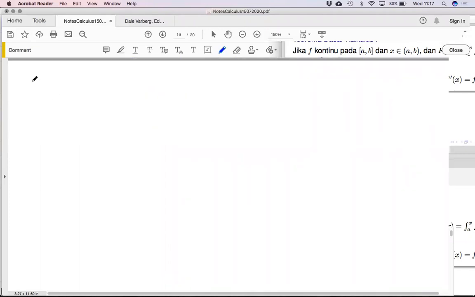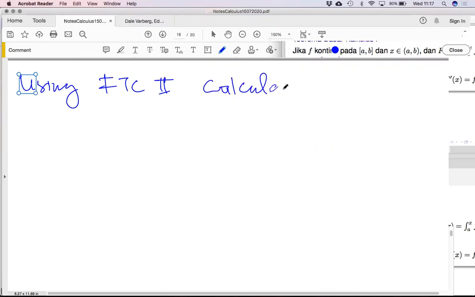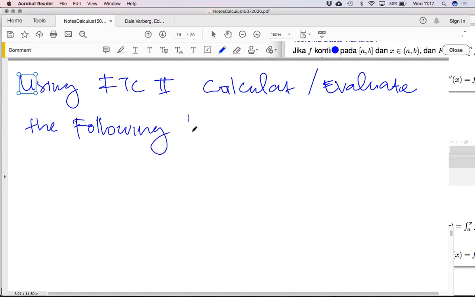So using FTC2, calculate or evaluate the following integral. Previously we already calculated this one.